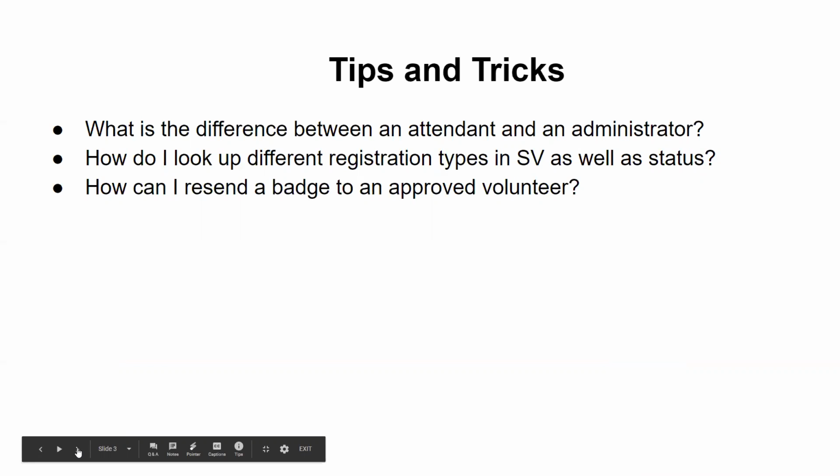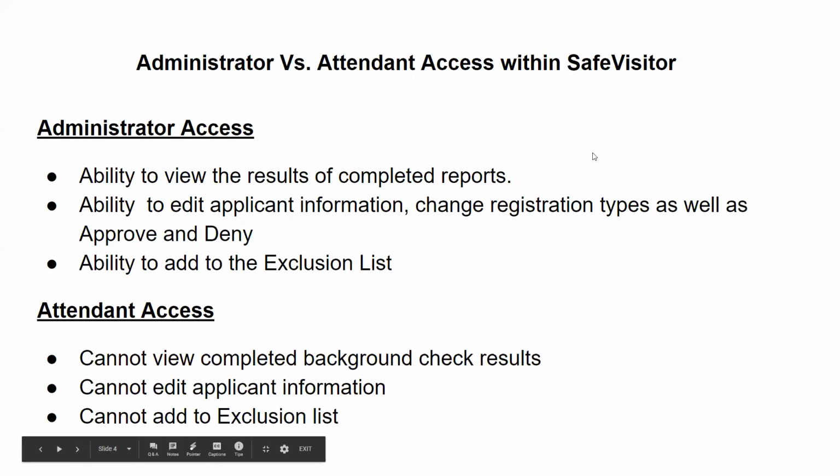How can I also resend a badge to somebody that's an approved volunteer? Even once we know SafeVisitor sent that, maybe the person calls and says, hey, I didn't receive it. What options do you have on the back end from a customer perspective to be able to resend that information out to the applicant? So we'll go through some of those things.